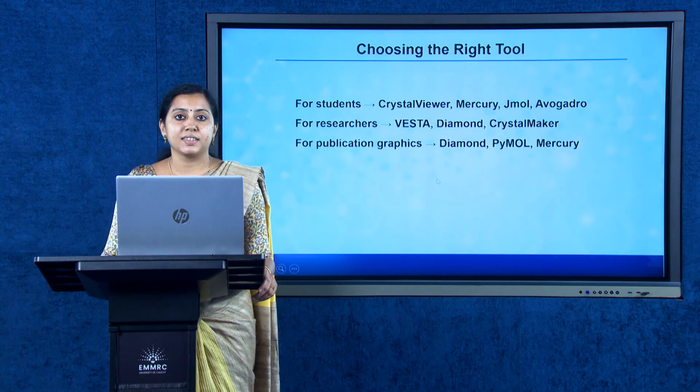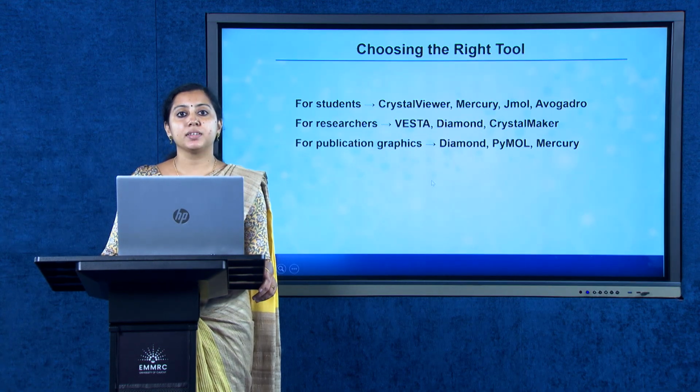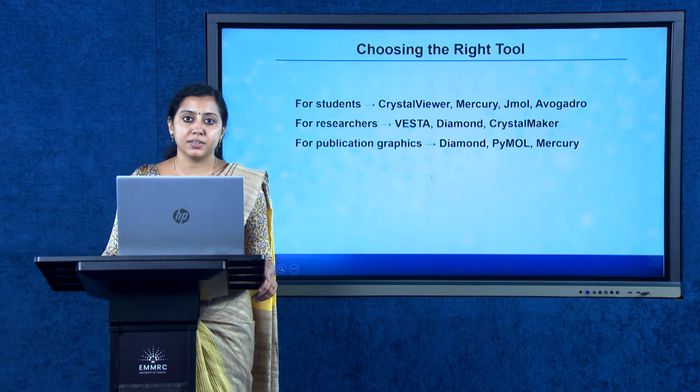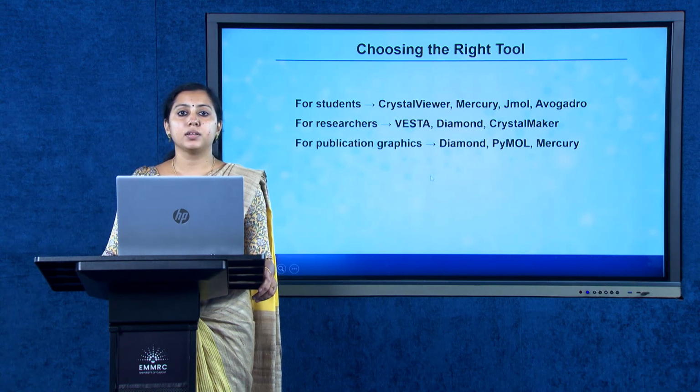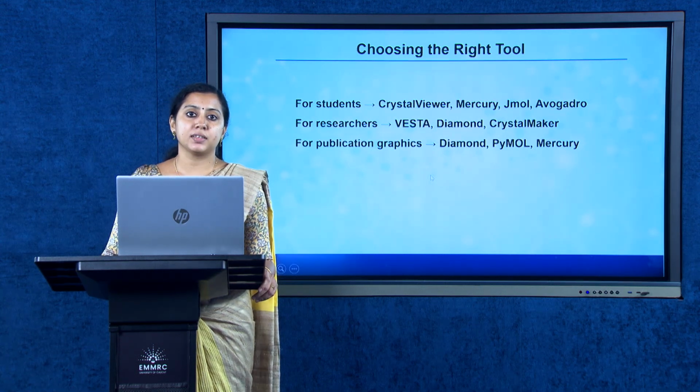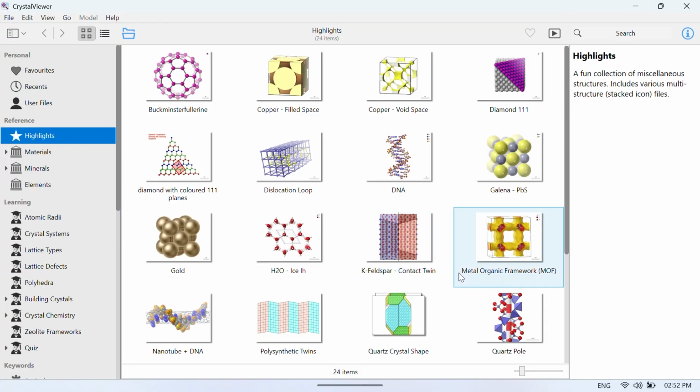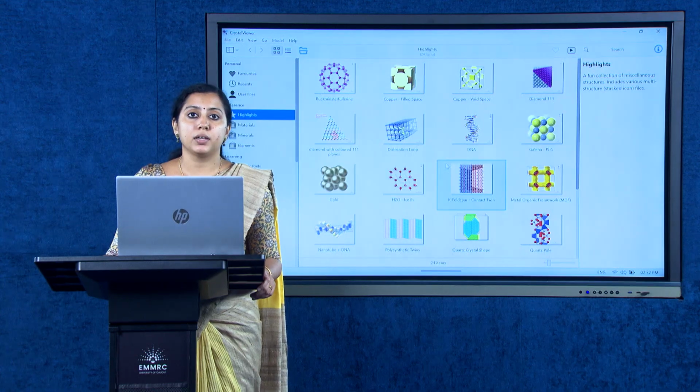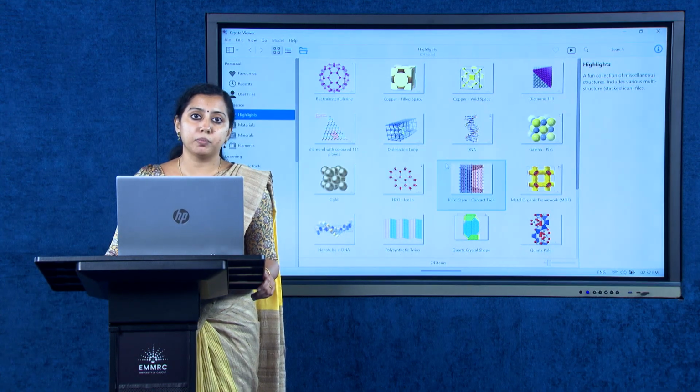Now, let us get familiarized with a few crystal structure visualization softwares. First, let us look into Crystal Viewer. So, this is the interface of Crystal Viewer software. Crystal Viewer is actually a paid software, but you can download a free demo version of it.